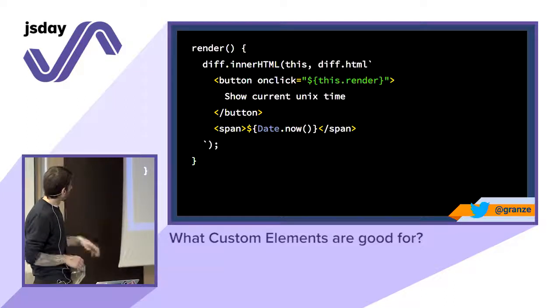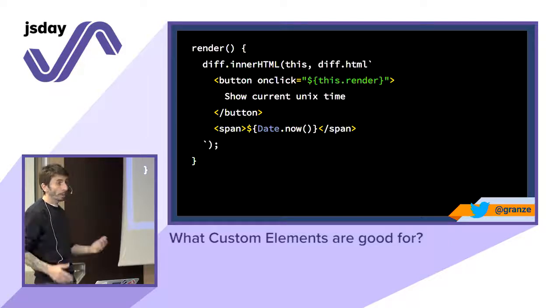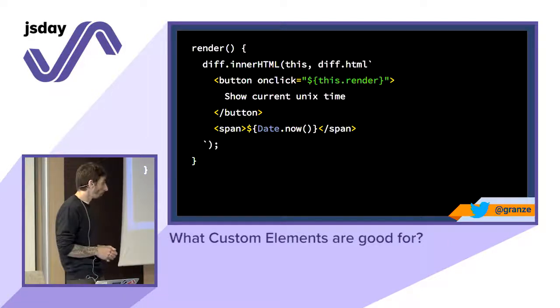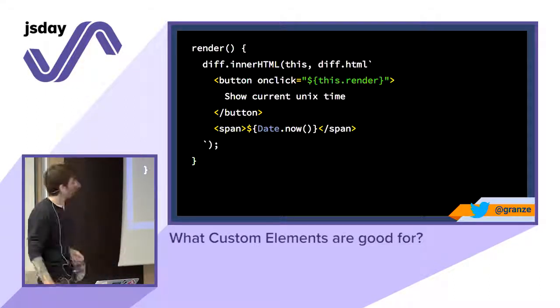In this example, this is a render function that I will put in a custom element, and I'm using diff HTML, which is like virtual DOM, but you can actually write HTML and not JSX or JavaScript to do this.